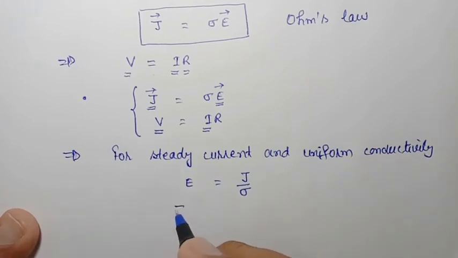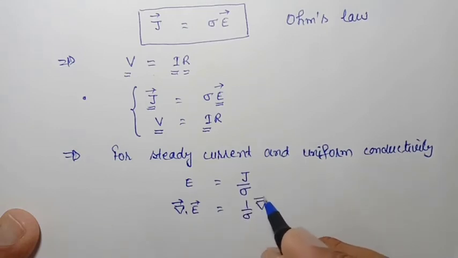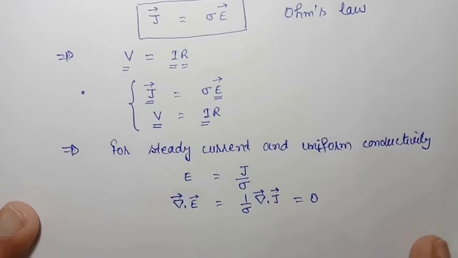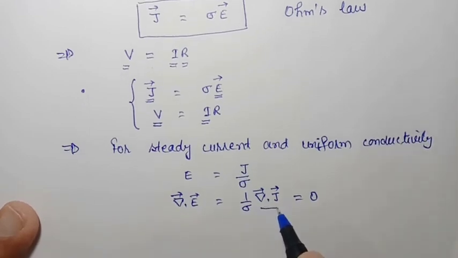So if we take the divergence of this electric field, then it is equals to 1 over sigma del dot J, and this term is equals to 0. So here del dot J, that is divergence of volume current density, equals to 0.